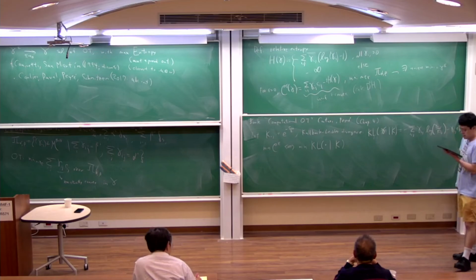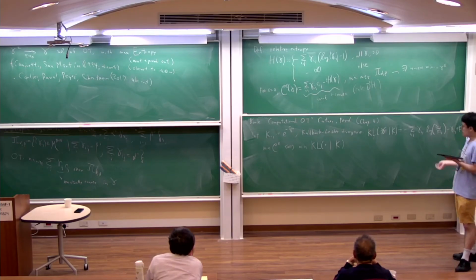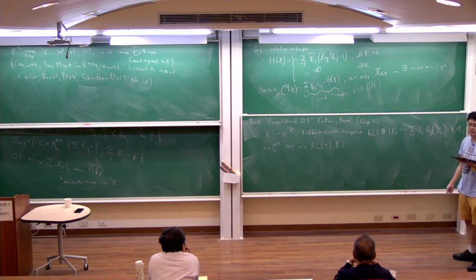But now, the advantage is that if you look at this Kullback-Leibler divergence, you can read off the first order conditions.